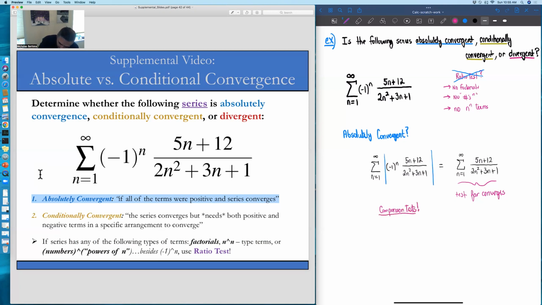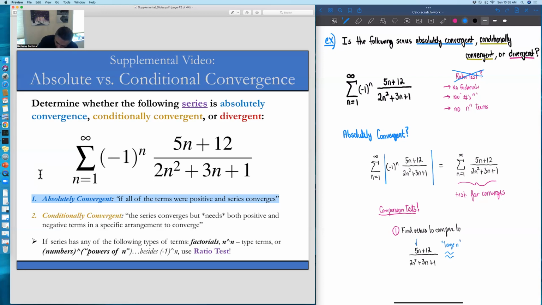For a comparison test, the first thing we need to do is find a series to compare to. To do this, we take our series function, which in this case is (5n + 12) over (2n^2 + 3n + 1). And we ask ourselves, for large values of n, what terms contribute the most in the numerator and denominator?